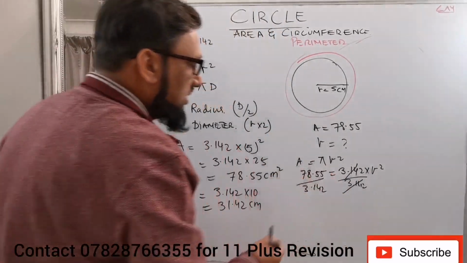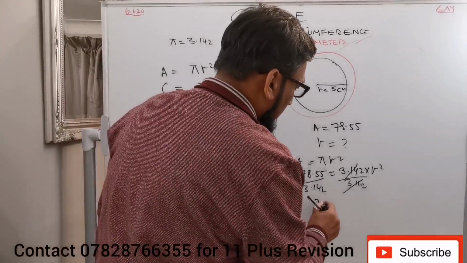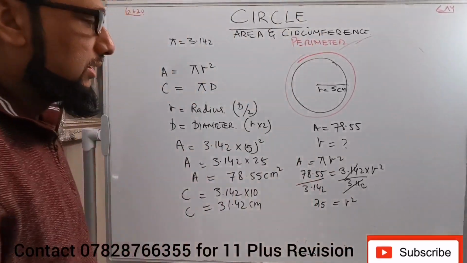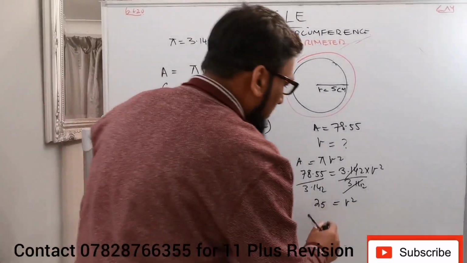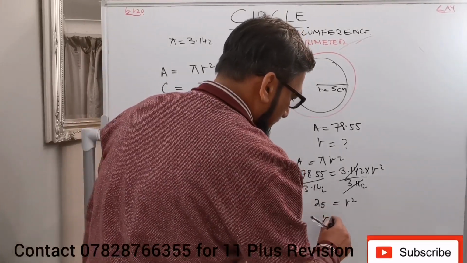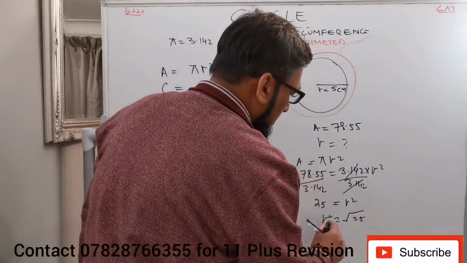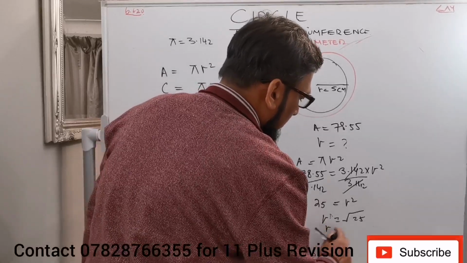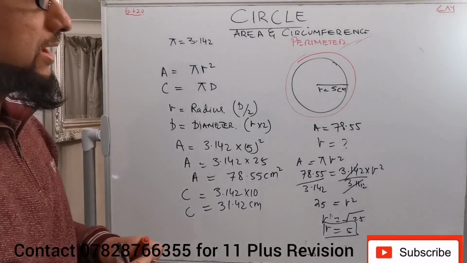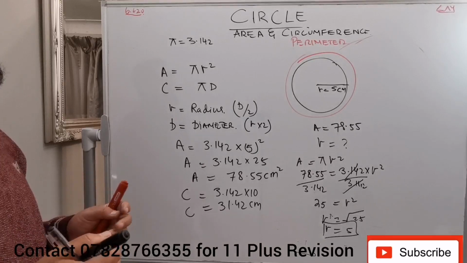If we divide 78.55 by 3.142, we get 25, which equals r square. And 25 is the square of 5, so r equals 5.